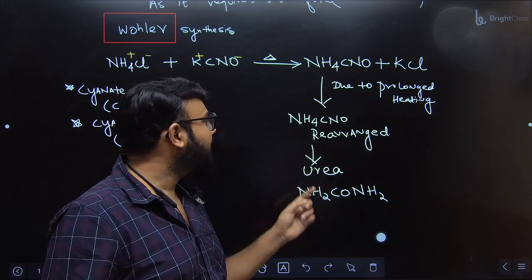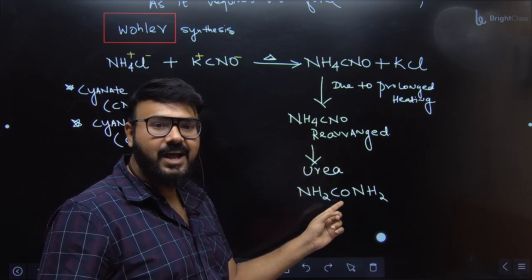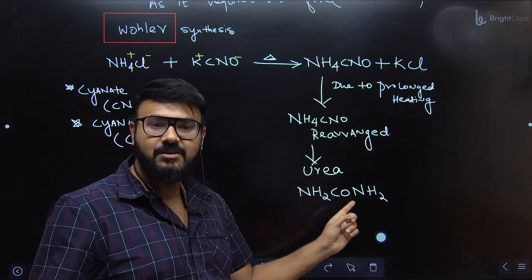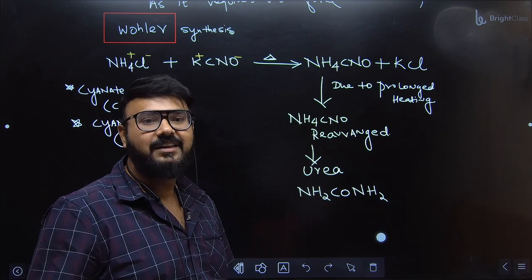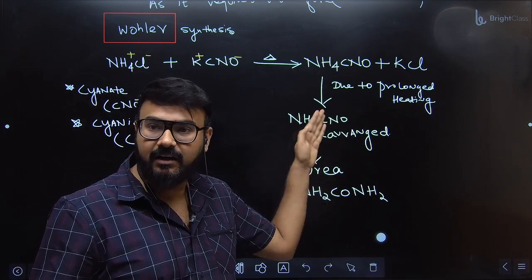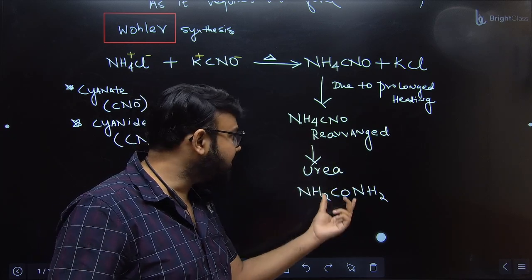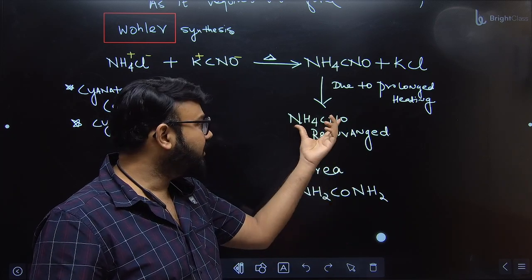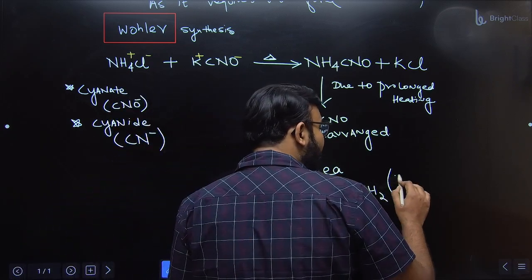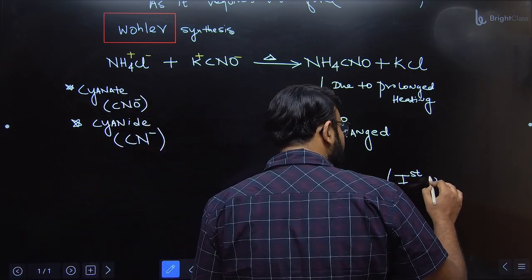One. And how many hydrogen is there? Four. So do you see, chemically they have the same composition, right? Only the structure is different. It is ammonium cyanate and this became the formation of the first organic compound.